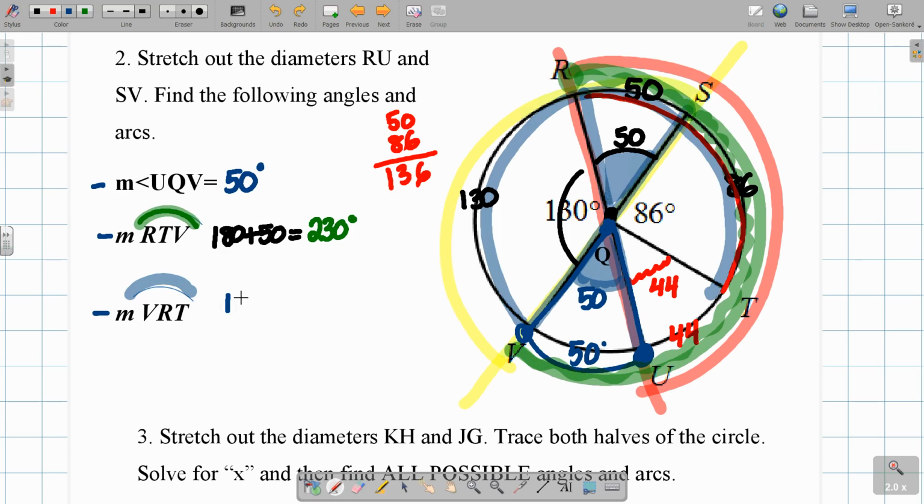We're going to add 130 plus 50 plus 86. So the measure of that blue arc is 266 degrees. Make sure you follow the exact order when you do major arcs. Just trace and then simply add everything up.